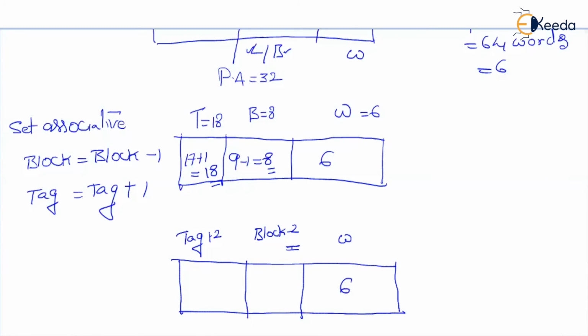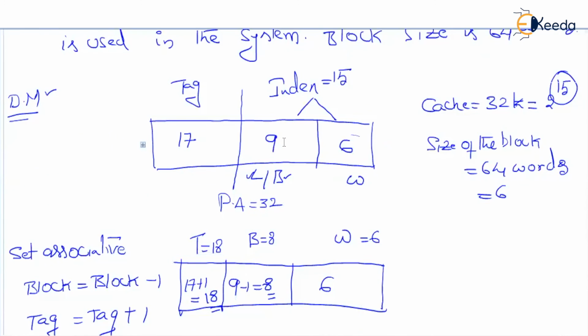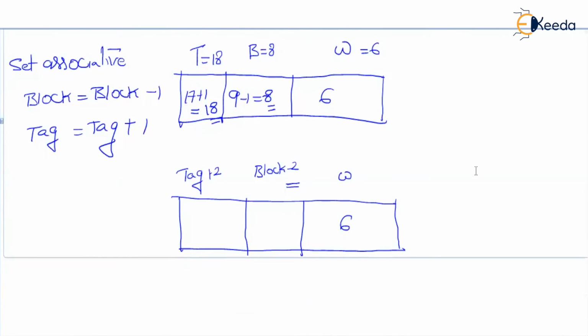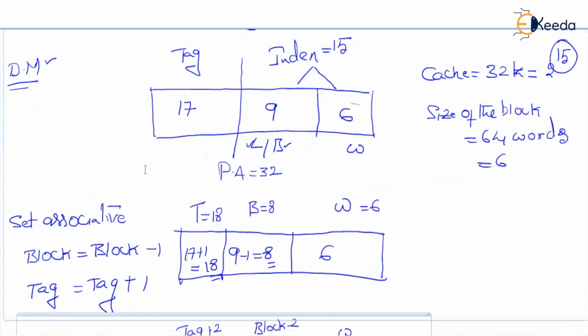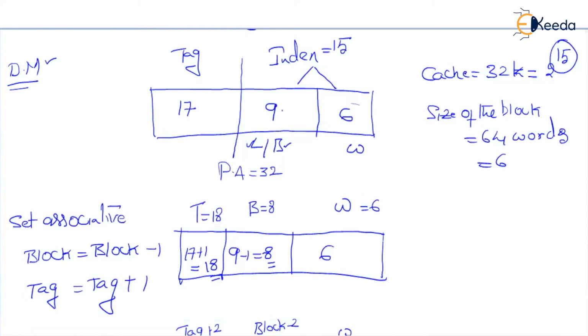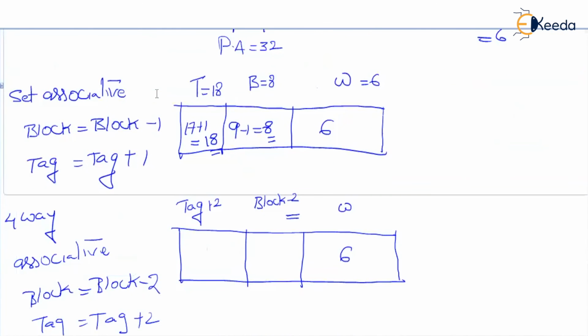In direct mapping the block field is 9, so 9 minus 2 is equal to 7.